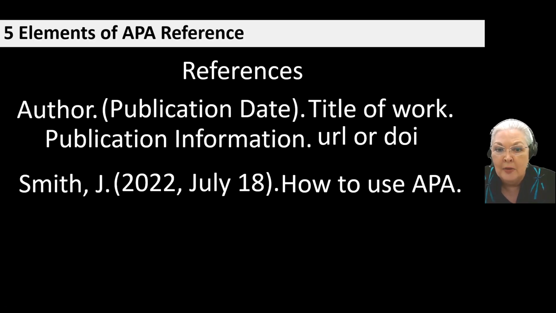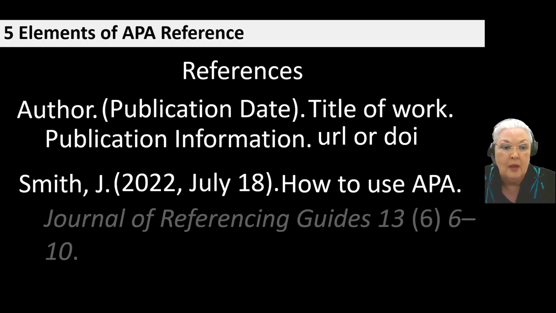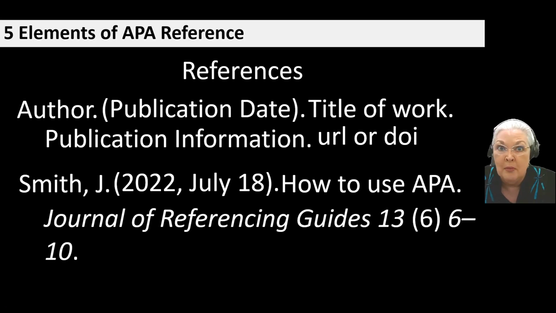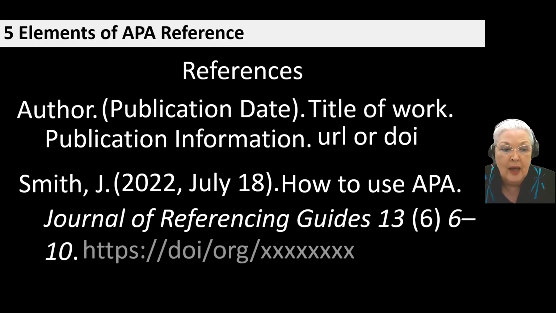So we have not used title case here by capitalizing the U in the word use. Then comes the publication information. So here you see you have the name of a journal, you have the volume, the issue number in parentheses, and then the page range, pages 6 through 10. And then finally, the URL or the DOI, in this case, a DOI.